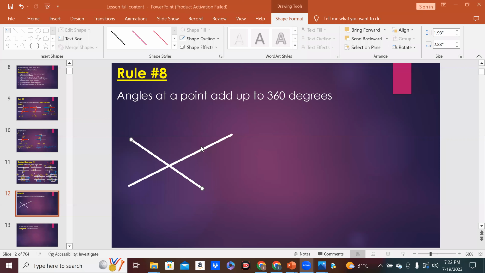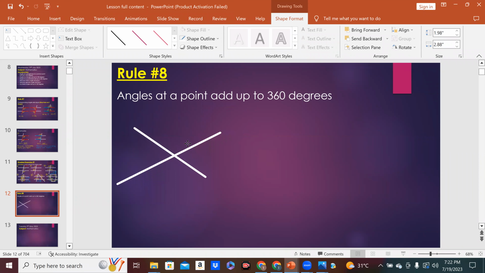Okay, so we're on rule number 8. This is a very nice rule.